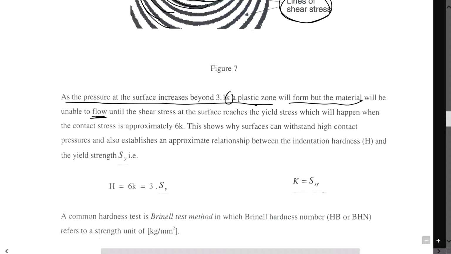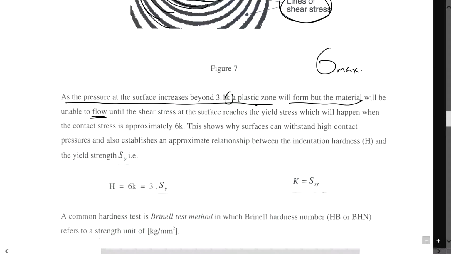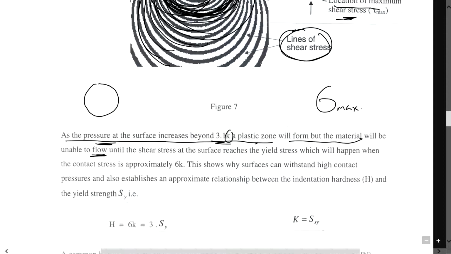If I understand correctly, and I may be wrong, the pressure at the surface may increase beyond 3.1 K, and the material may deform a bit.